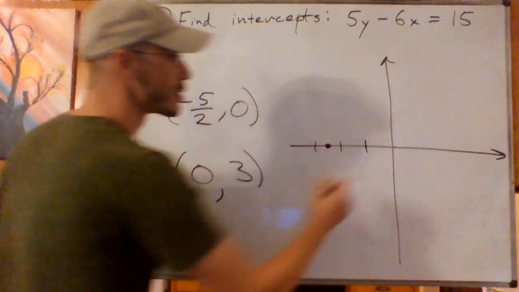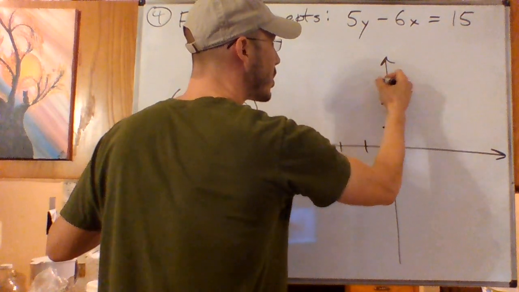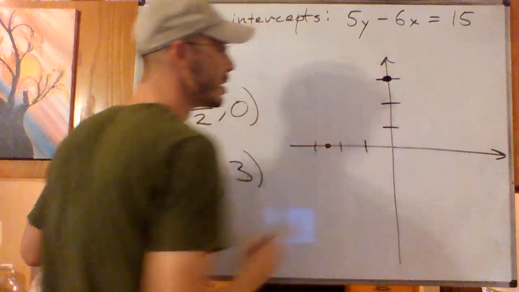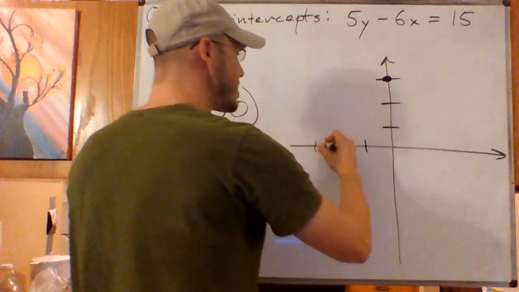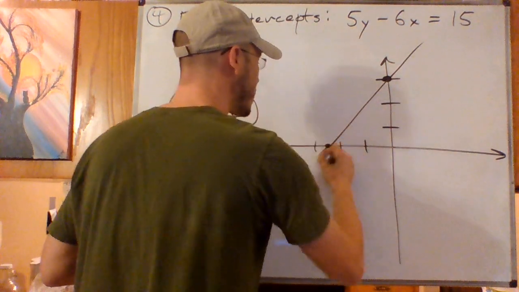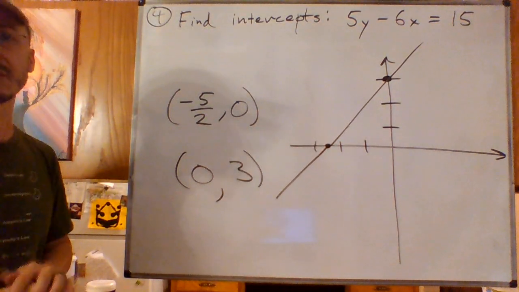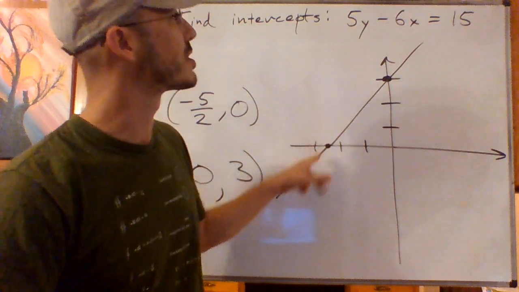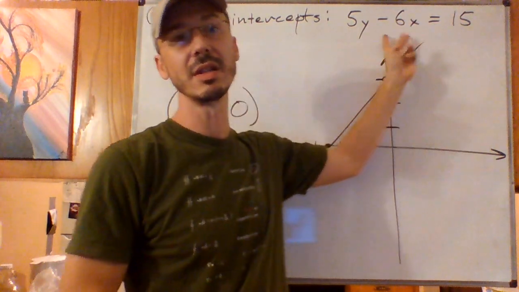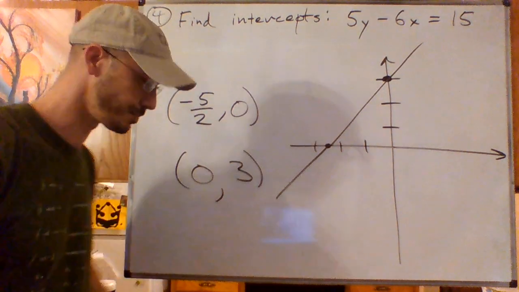This one, 0, 3, is the y-intercept. And then once you place that second point, Hawks will complete the line, the picture of the line. So the graph of this line represents all the solutions of this linear equation in 2 variables.